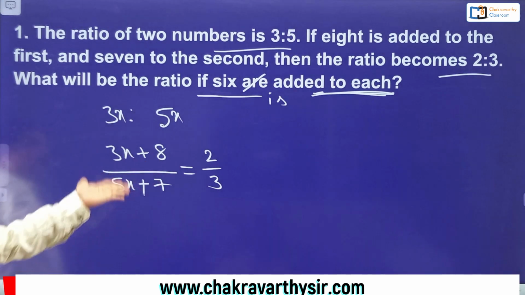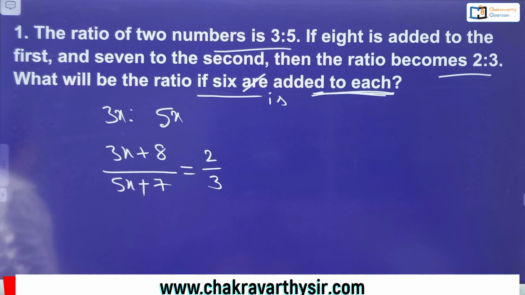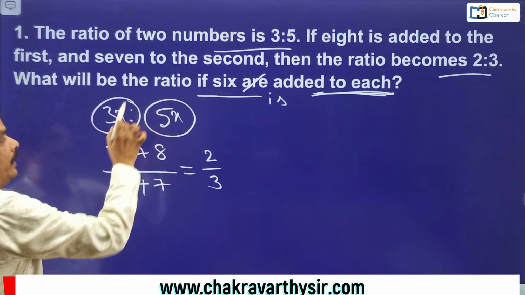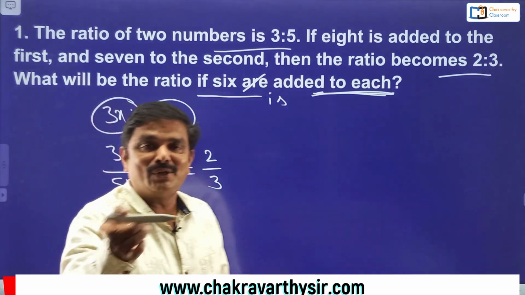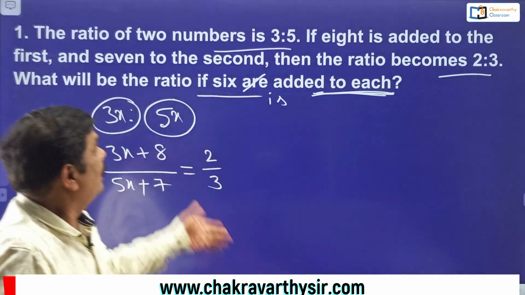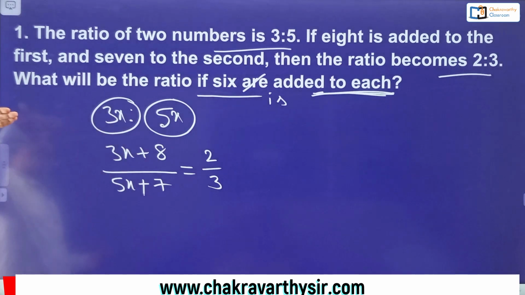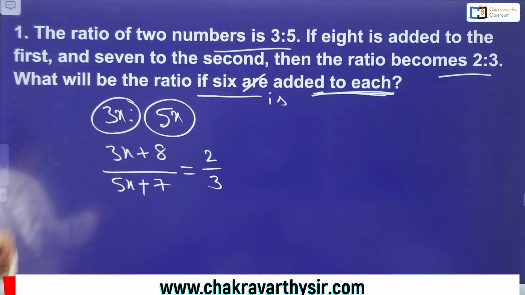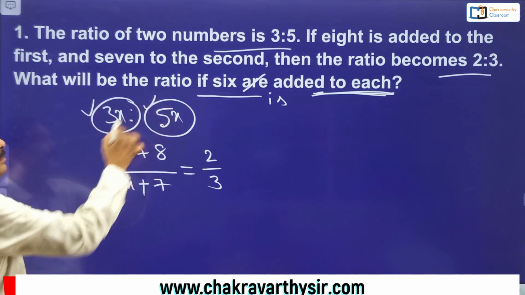Simply by solving this equation, you can find out the value of x. If you substitute the value of x here and here, you get the original numbers which are in the 3:5 ratio. After that, for those numbers, you need to add 6 to each number. Then you need to find out the new ratio. To find the new ratio, first of all, you should know these two numbers.